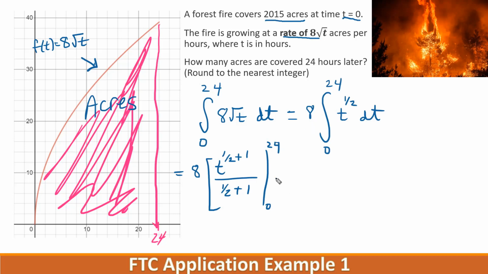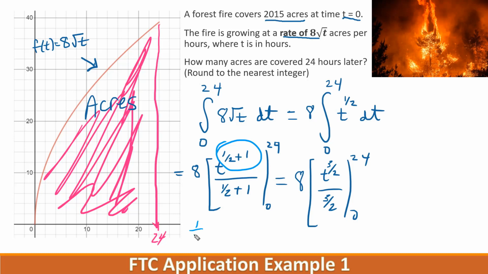All right, and so from here, I can simply say this is going to end up being 8 still out front, t to the 3/2 over 3/2. And you're going, how in the world did you get that? Well, hopefully you remember that adding 1/2 plus 1, you have to get common denominators. So that's how I'm getting that 3/2 value.